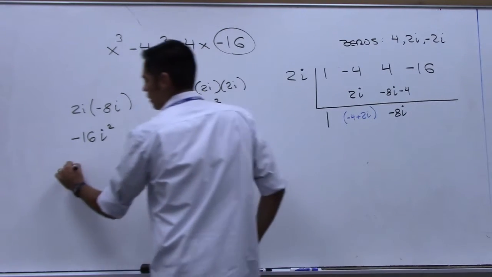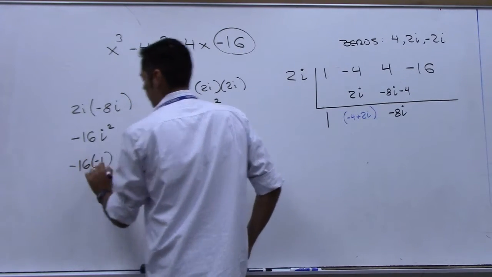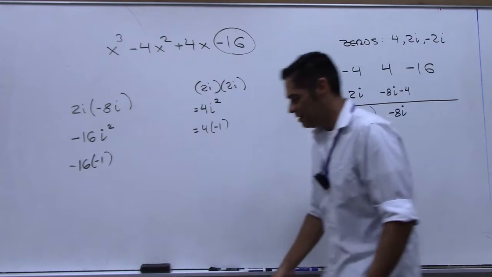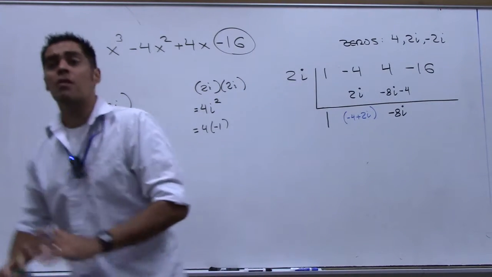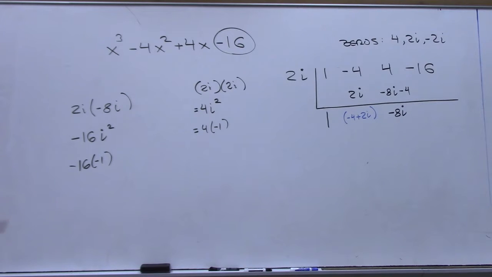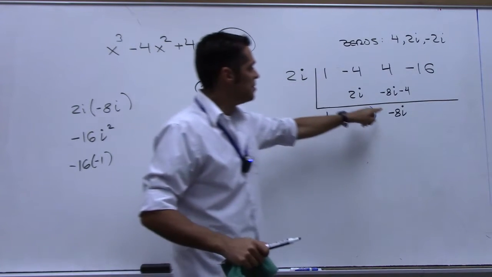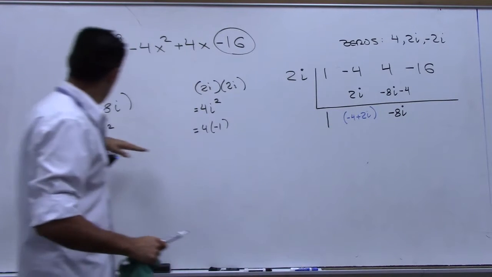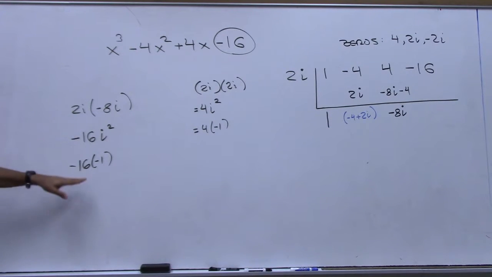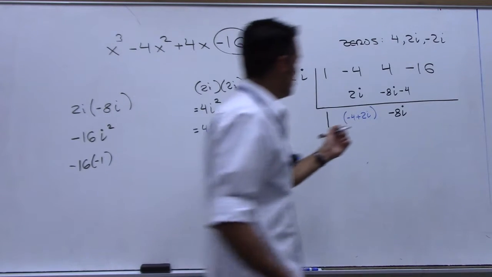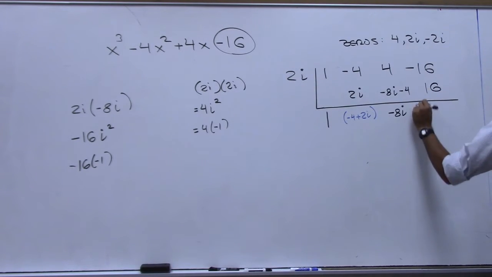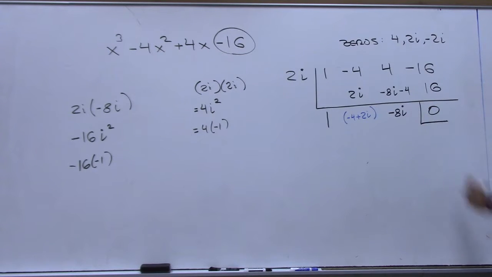Do you all see this or not? Everyone? Look, that last multiplication, 2i times negative 8i, you wind up getting a positive 16 out of this, don't you? And that positive 16 goes here, and when you add down, you get 0.